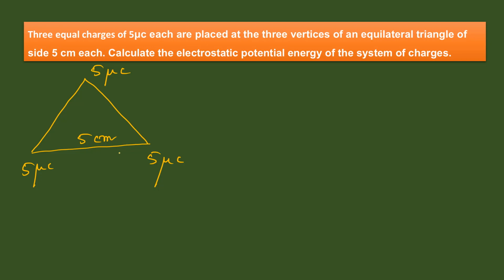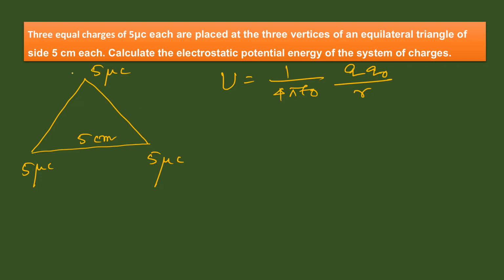You know the expression of electrostatic potential energy of the system of charges. That is U equals 1 by 4 pi epsilon naught Q1 Q2 divided by R. Remember this expression? At the beginning of this class we had done this. So we'll just find out the electrostatic potential energy for the system of charges.